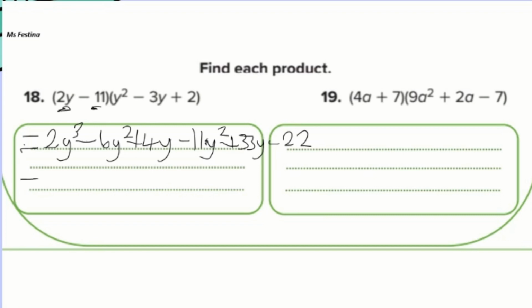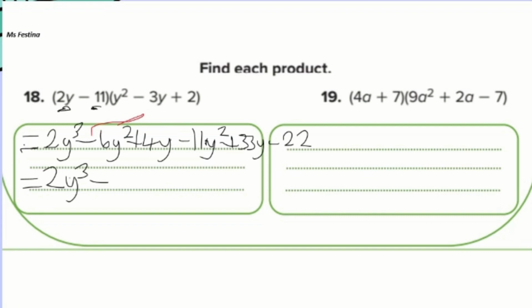And then we simplify, looking for our like terms. So 2y cubed has no like term, so I'm going to write it as it is, y to the power 3. Then I have negative 6y squared.